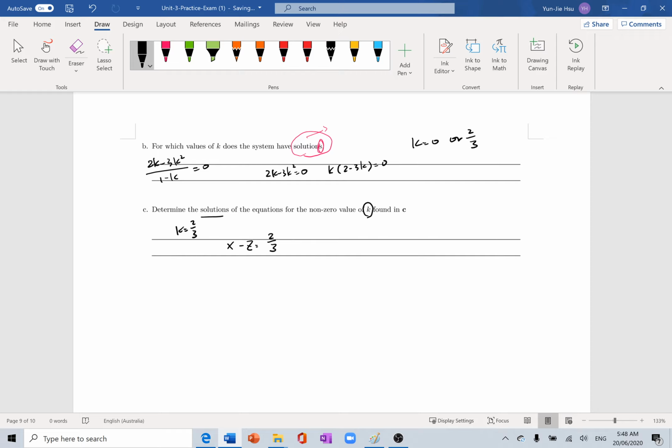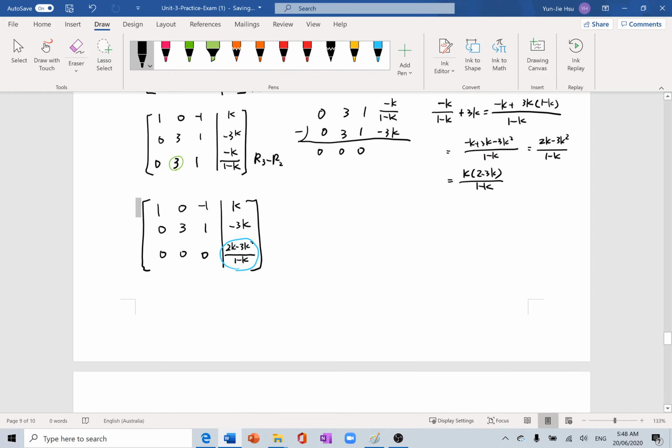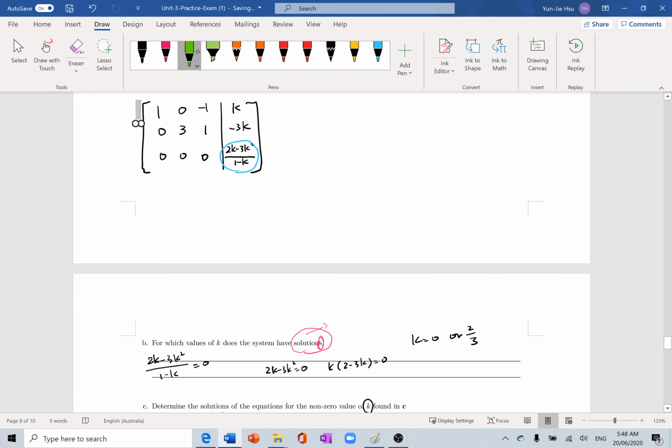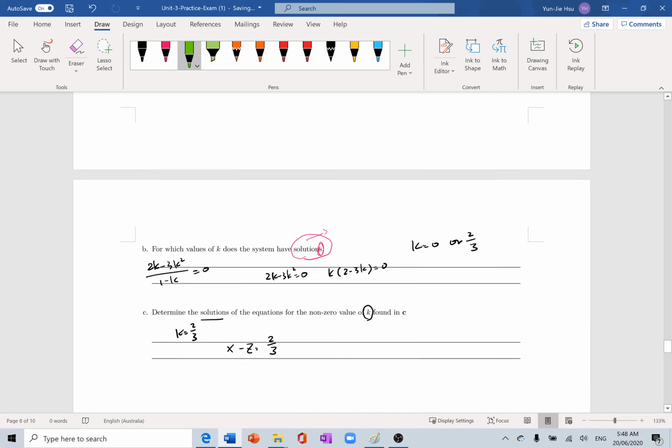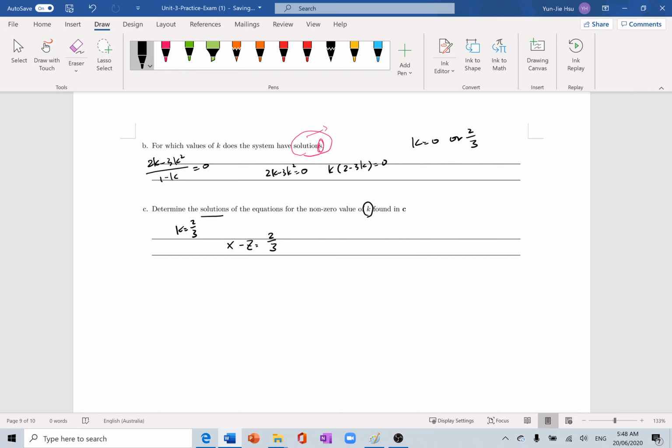Another one is 3y plus z equal to minus 3k, which equals minus 3 times 2 over 3. So we get, you can make z equal to lambda, alright?